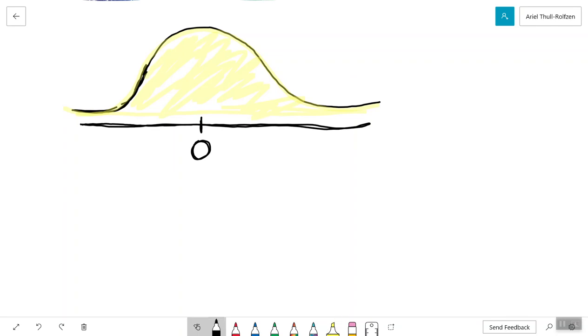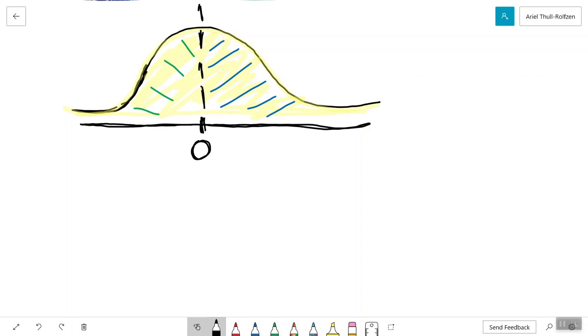But one cool thing about this that's really going to help us out is if I draw a line right here, there's the same area on this side of my bell curve as there is on this side of my bell curve. If I were to split this right down the middle like I just did, there's the same area on the left as there is on the right.